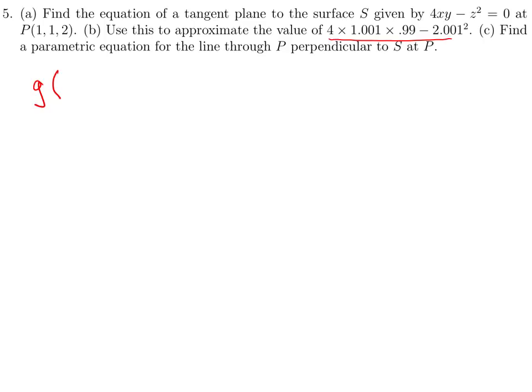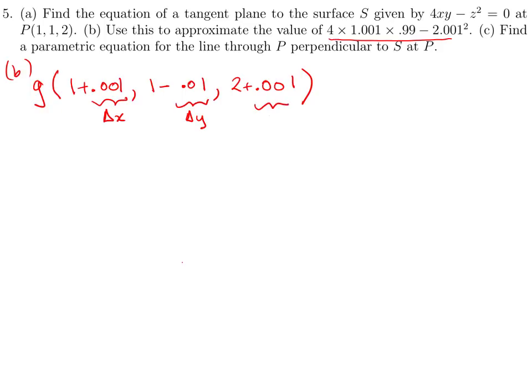So this is at the point 1 plus 0.001, 1 minus 0.01, and 2 plus 0.001. And so the way to proceed is to say, well, it's pretty similar to g evaluated at 1, 1, 2, which is easy, except now we've perturbed the inputs by these tiny quantities, delta x, delta y, and delta z.